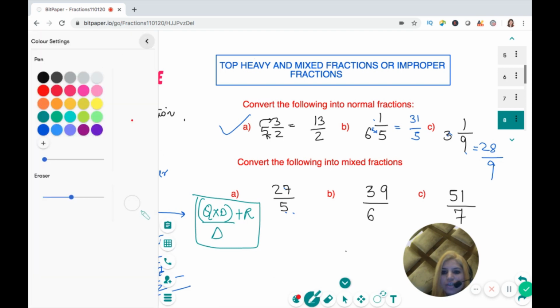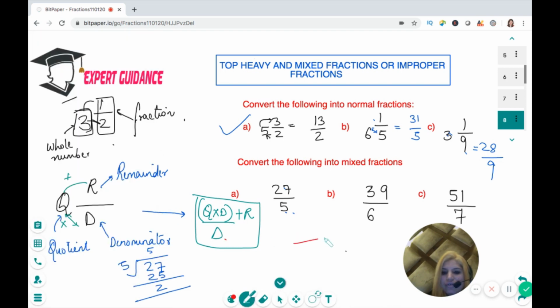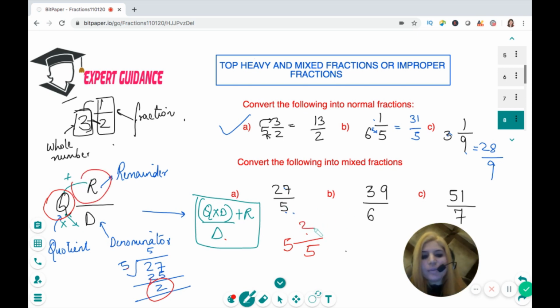So what you do is you make the denominator the same, which is 5. The quotient comes here, that makes the whole number. So 5 will be the quotient. At the top, we have the remainder, which is 2. So it becomes 5 2/5. Okay, so I hope it is clear to you. You have to put the remainder at the top, quotient the whole number, and denominator the same.